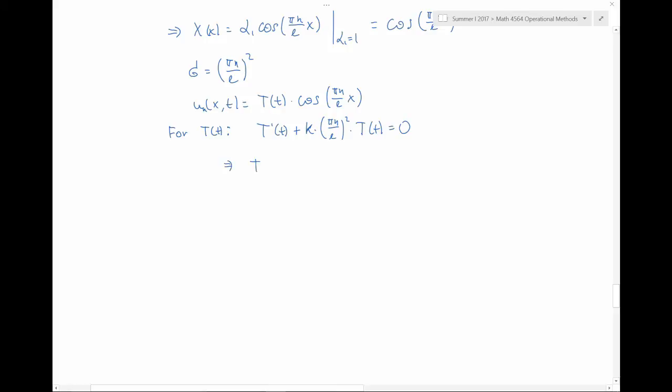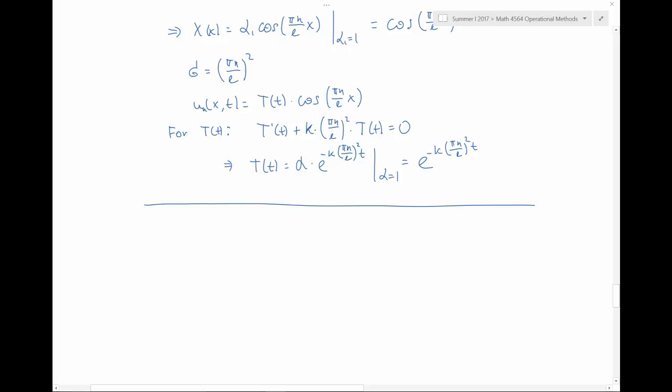This leads to T(t) being some constant alpha times e to the minus kappa (pi n over L) squared t. Again, without loss of generality, we can assume that alpha equals 1, so it's just e to the minus kappa (pi n over L) squared t.